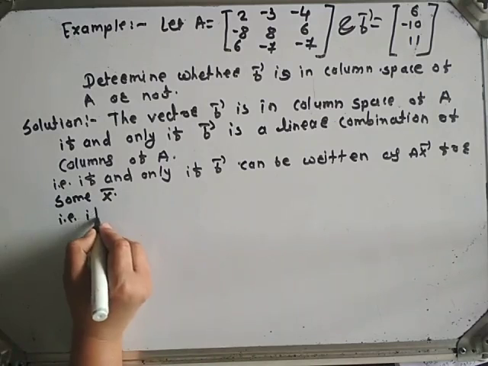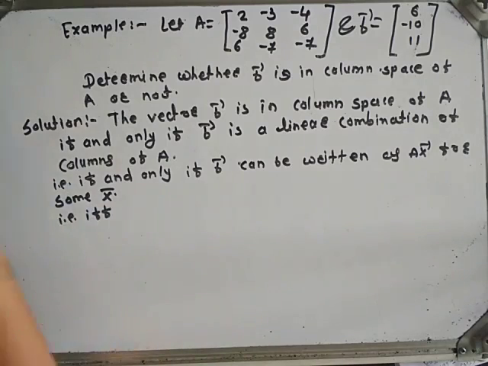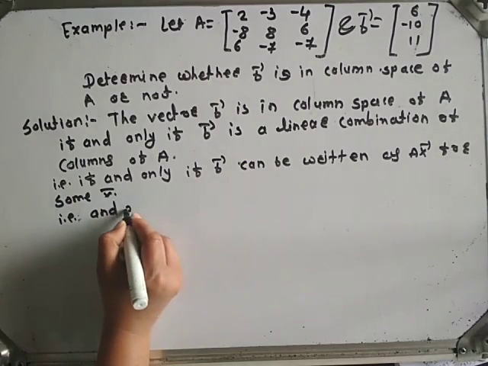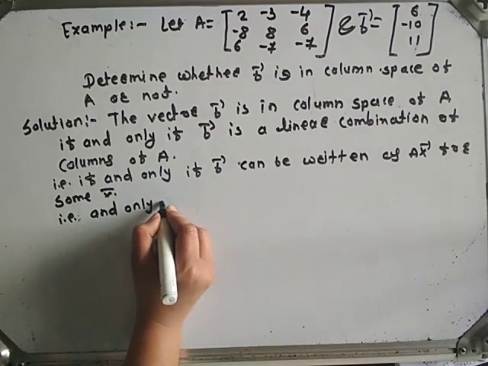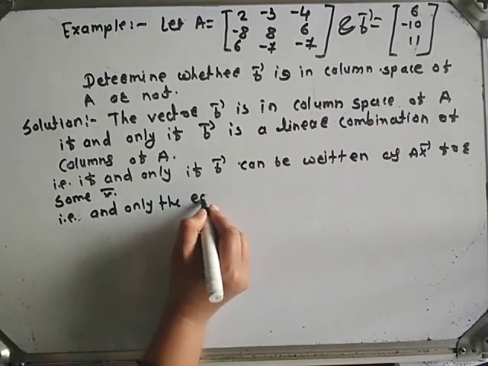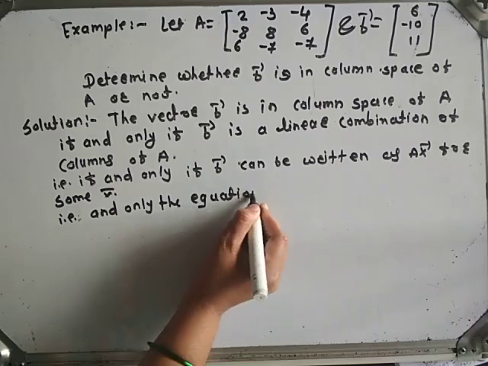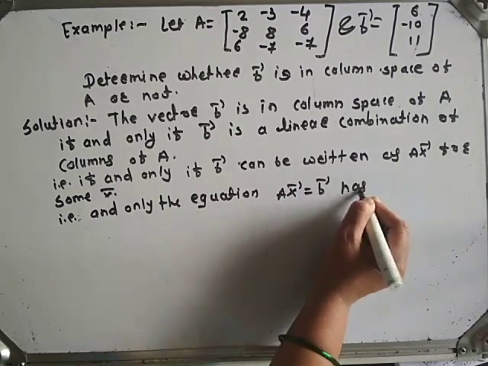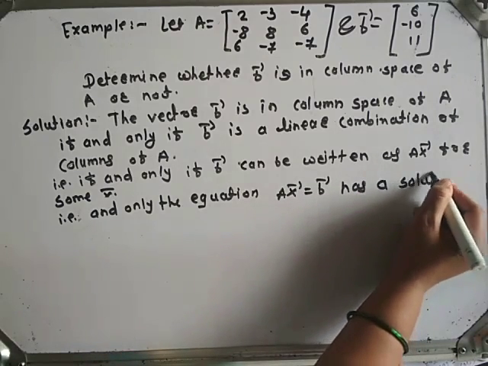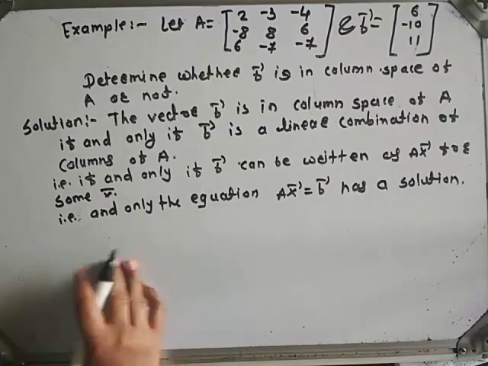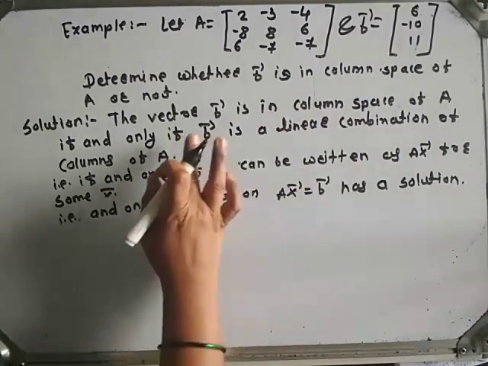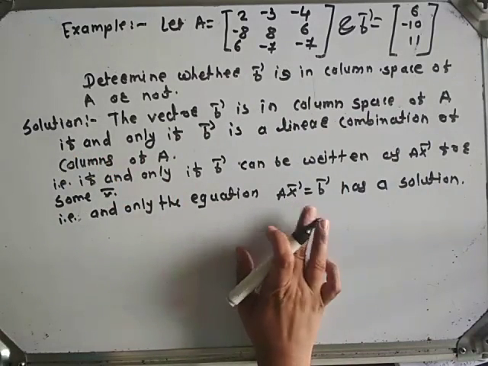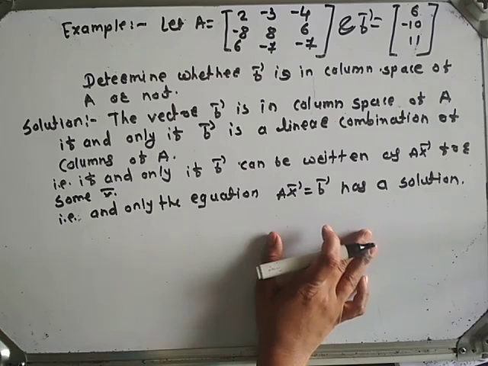That is if and only if the equation A into x bar is equal to b bar has a solution. Means b bar is in the column space of A when A into x bar is equal to b bar has a solution.